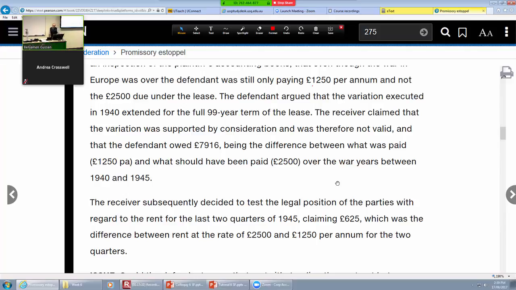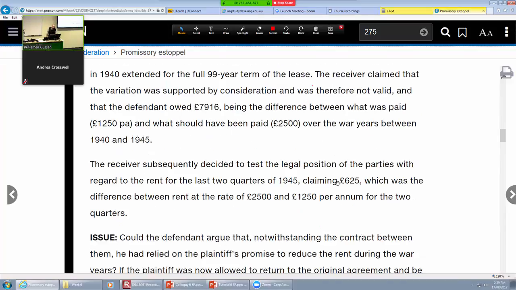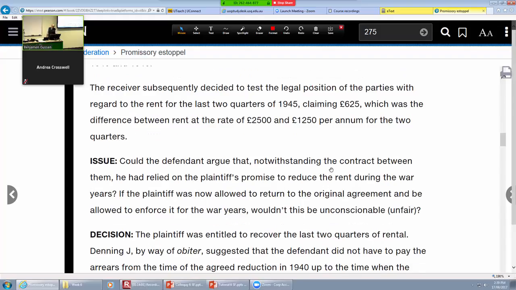The receiver claimed that the variation was not supported by consideration and was therefore not valid. So the receiver claimed that this $1,250 is not valid because you didn't pay anything for this promise. Why should I give you this benefit of half price? What did you give me in consideration? And that the defendant then owed the full amount, being the difference between what was paid and what should have been paid over the war years from 1940 to 1945.